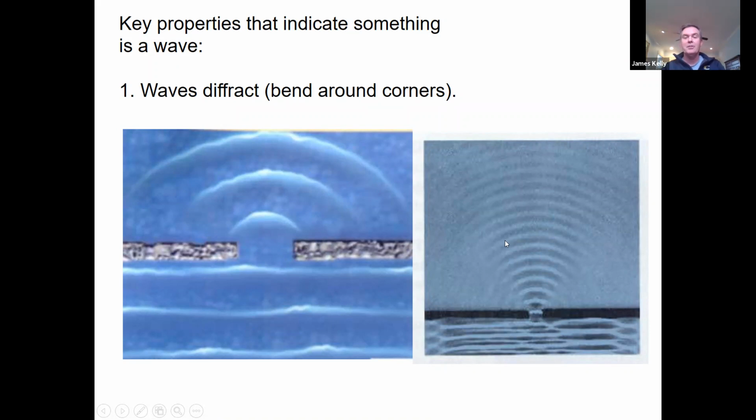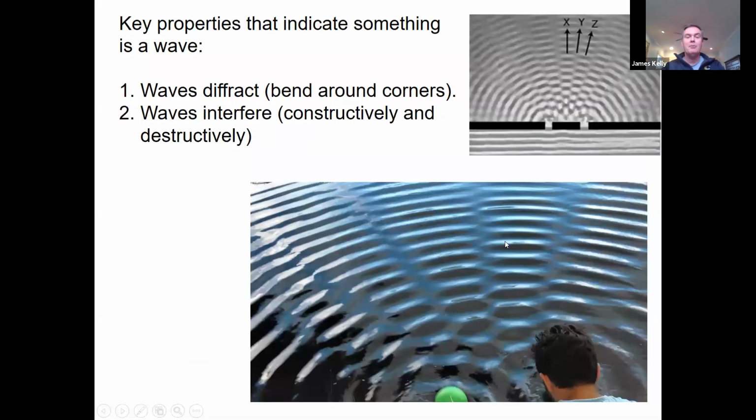So it bends around corners. It doesn't just keep going in the same direction. And the one we do the experiment with in Physics 230 is interference between two waves. In other words, we do Young's double slit experiment. You send a light wave through two adjacent openings, and if the openings are small enough and close enough, you'll see constructive and destructive interference. So you get maxima and minima of the brightness on the screen behind.